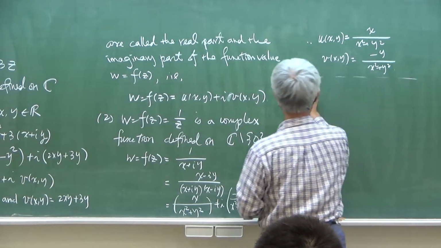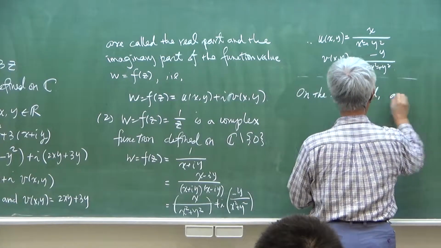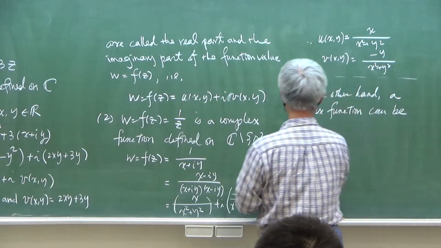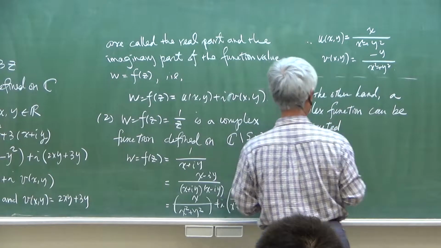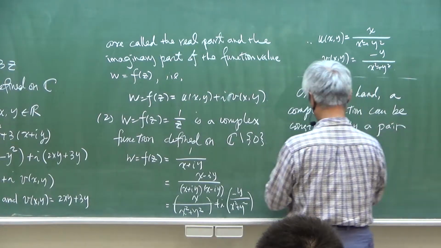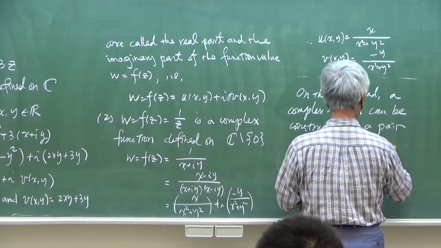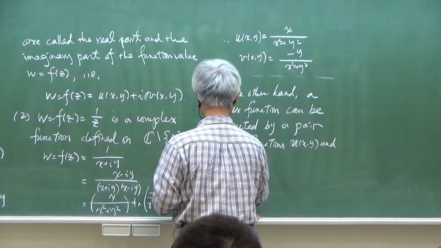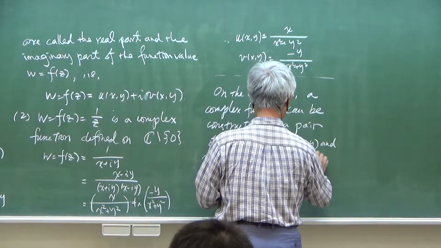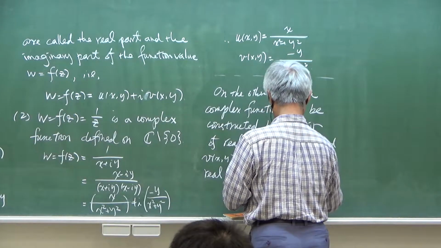On the other hand, a complex function can be constructed by a pair of real functions u(x,y) and v(x,y), each depending on real variables x and y.